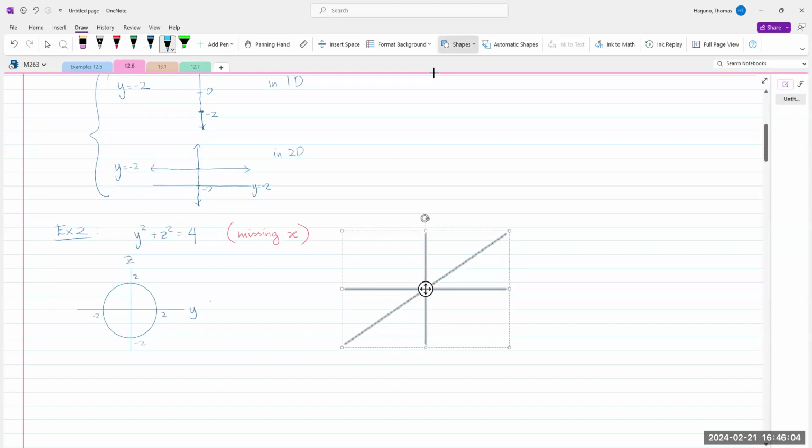Suppose I have this circle just like before, right? I copy and paste this along the x-axis. So now I have this.